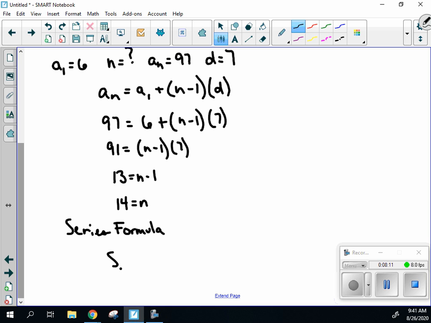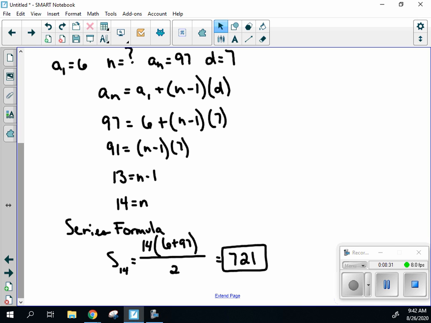So we have S of 14 technically equals 14 times (6 plus 97) divided by 2. I'm going to go ahead and just type this in. And my answer is 721.